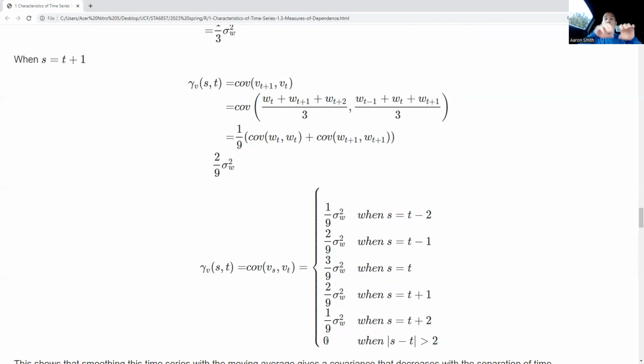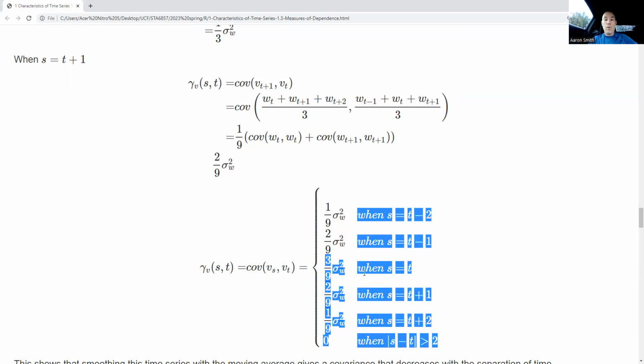So when I take 2 points in time for my smooth series, if they're far enough apart, I'm going to have a covariance of 0. When they're closer together, the covariance depends on how many of those subscripts match up in that average of 3. And we can see that when s is equal to t, we have the largest covariance.